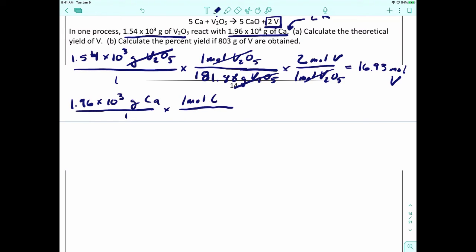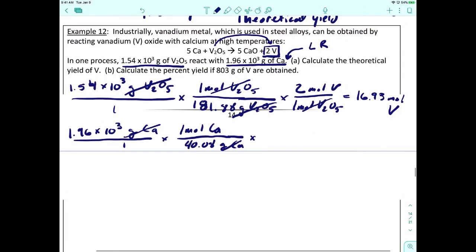Since it's just the elemental form of calcium, we just need to look up the molar mass of calcium on the periodic table, and that number is 40.08 grams of calcium, so that the grams of calcium cancel out. We're in moles of calcium. Now, according to the chemical equation, we need to go from moles of calcium to moles of vanadium.